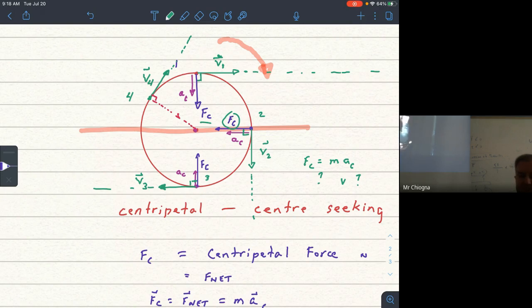All right, so let's talk about uniform circular motion. Uniform circular motion is just this: something is moving in a circle of radius r, and it's moving at a speed v. Uniform means constant speed.